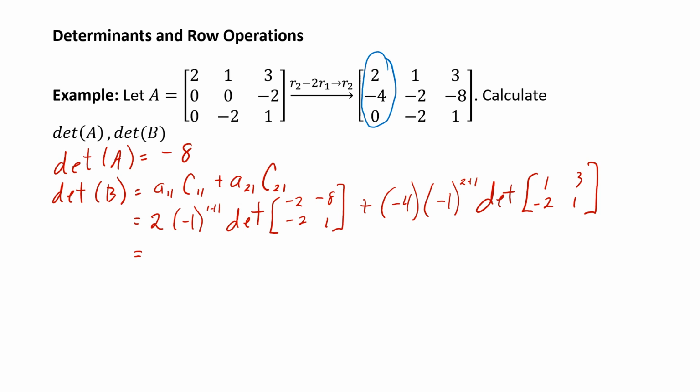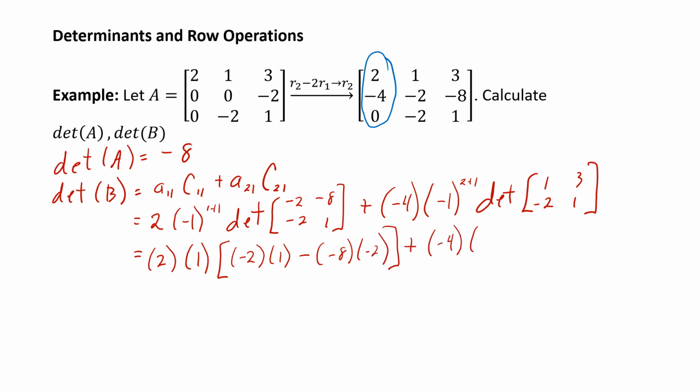So what does this work out to? This is 2 times 1 times, what's this determinant? -2 times 1 minus -8 times -2, plus -4 times -1 times, this determinant is 1 times 1 minus 3 times -2. So this gives me 2 times 1 is 2 times, what's in here?